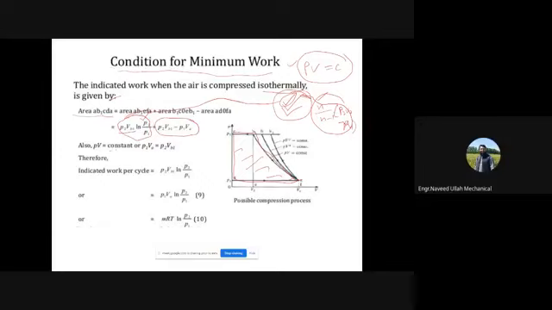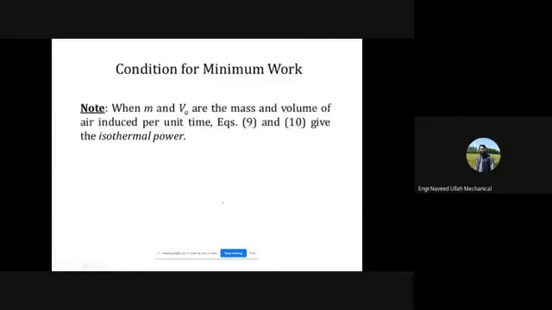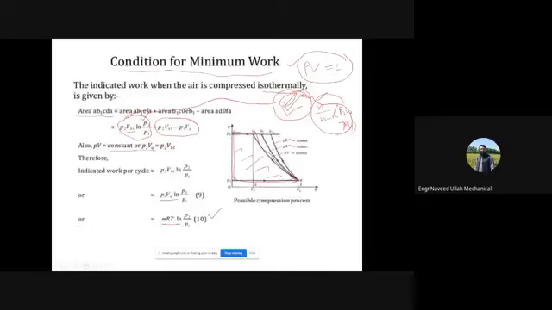Right. So you can say that PV is equal to mRT, so this equation 10 you can take. And they are saying that when m and Va are the mass and volume of air induced per unit time, equations 9 and 10 give the isothermal power.